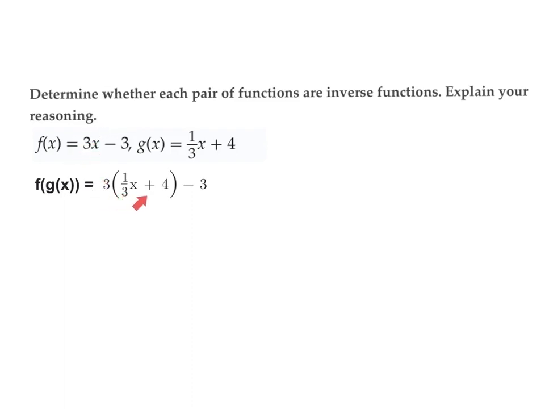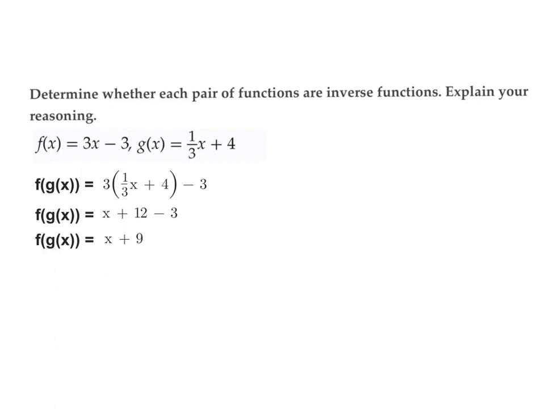So this is 3x minus 3. I simplify, I distribute the 3, so I get x plus 12. I thought it was minus 3. Oh, okay. And so that is x plus 9. Can I go any further? No. Okay. So, f of g of x does not equal x.